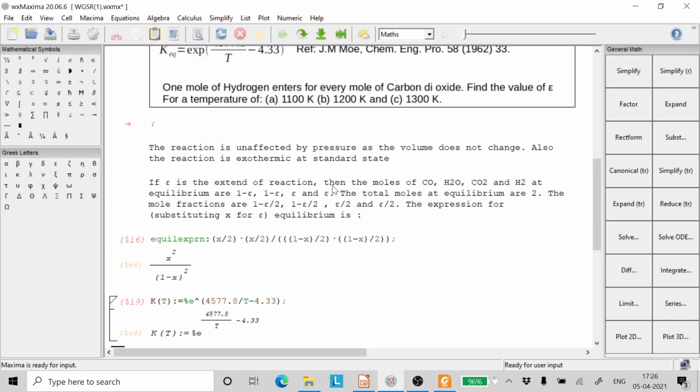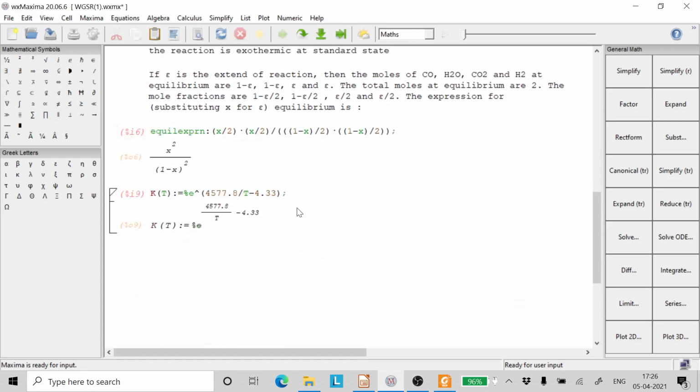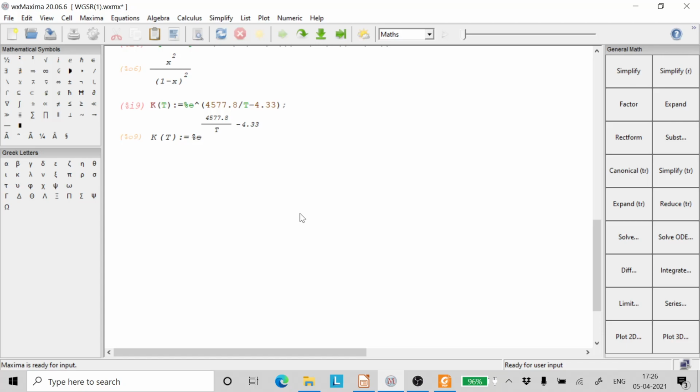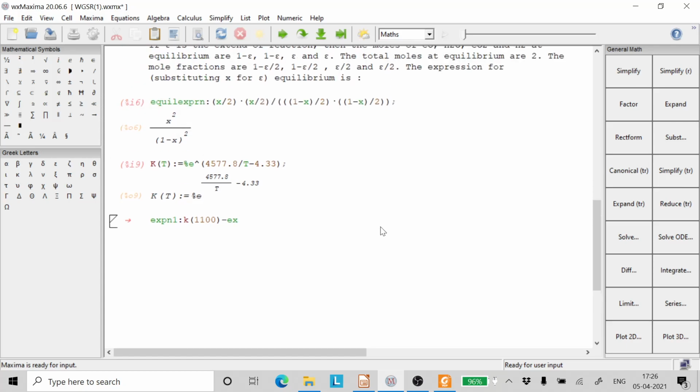Now, the first temperature that we have is 1100 Kelvin. So we can write the expression for solution. So expression 1, that is for case number 1. So for case number 1, we have K 1100 minus the expression for the equilibrium.